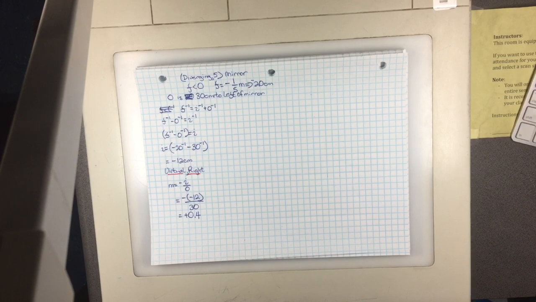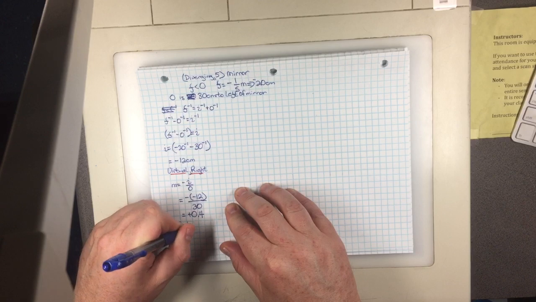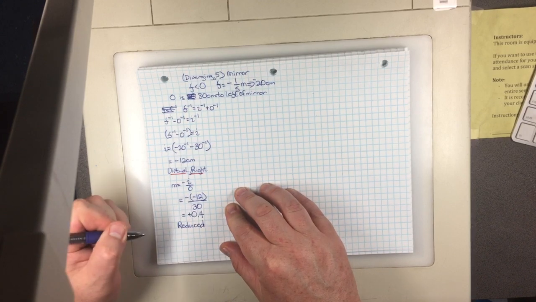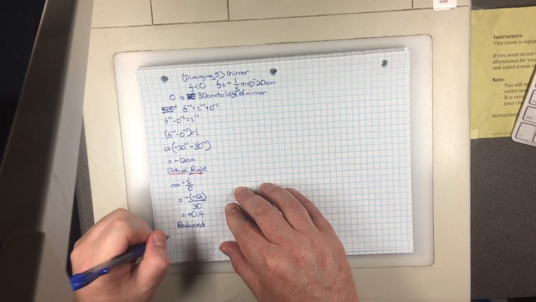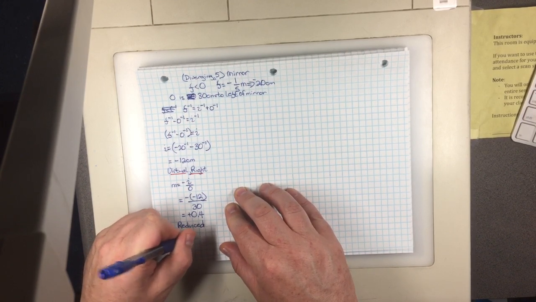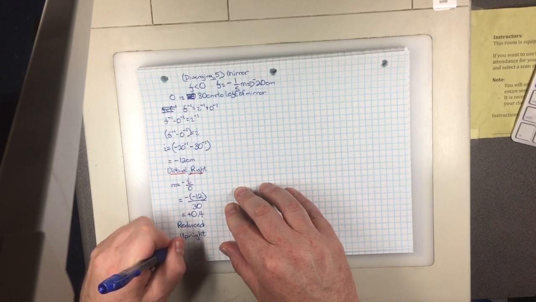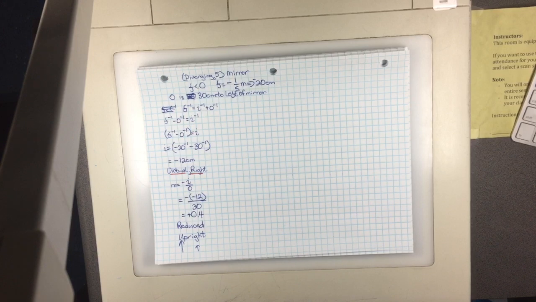So the magnification is positive 0.4, which means that this thing is reduced. The magnitude of the magnification is less than 1. It's positive, which means it is upright. So it's going to start like this and then end up smaller, but still upright.